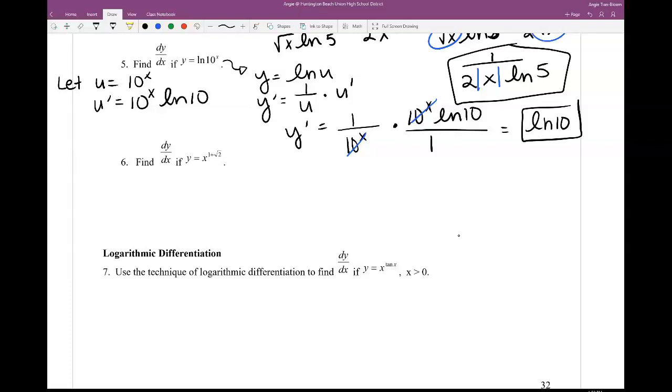It's just a number. So this one, even though you might want to use one of the rules from this section, you don't have to, because I can just use the power rule. So the power rule said this whole thing's your power, so you bring it down, times x, and then I'm going to subtract 1 from my power. So when I subtract 1 from my power, 1 plus root 2 minus 1 is just really root 2, and that's as far as you can go.